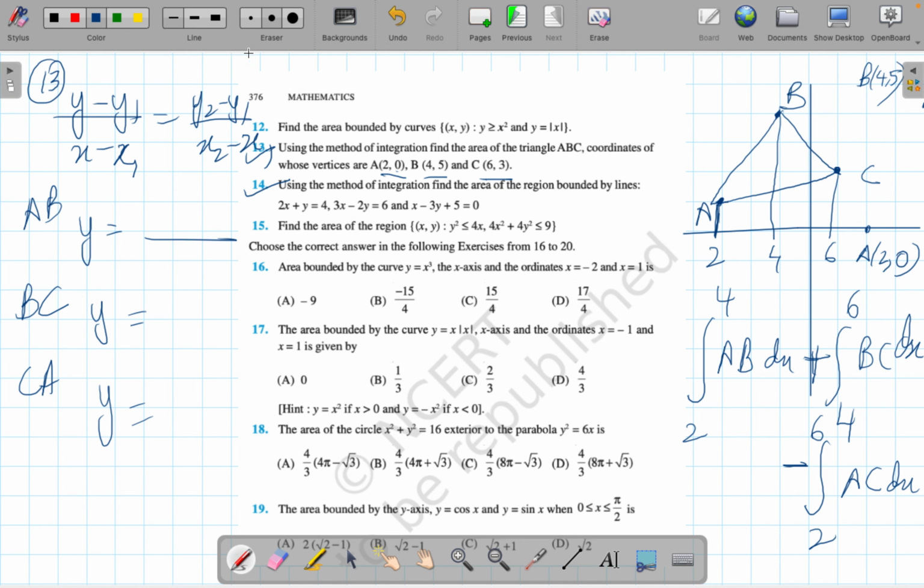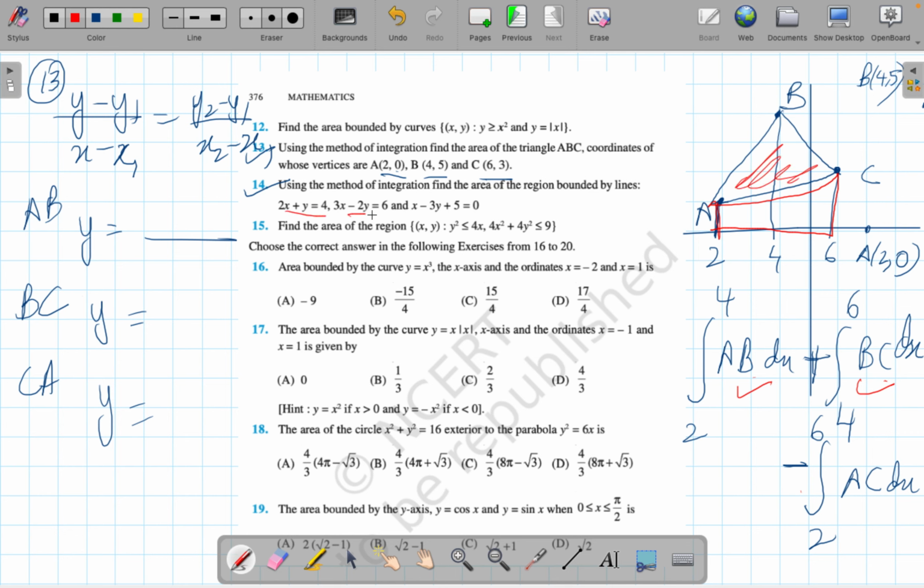Please use the same method. Don't use the method where you calculate this area minus this area and then again this area minus this area. It is more time consuming. So rather than subtracting the area twice, you just add the complete area and then subtract completely once, okay? So that you get the area of the triangle.